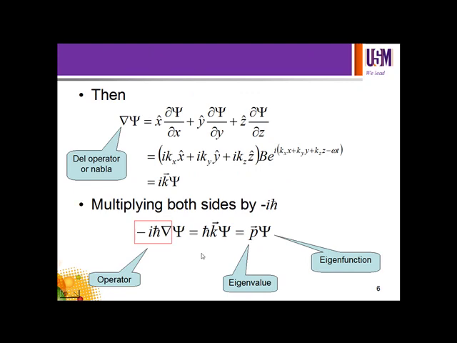Then we must also remember that there is an operator, del, sometimes we call it the del operator. The name for this inverted triangle is nabla. It is defined as x with the hat here, the unit vector, meaning it is showing direction with respect to the x-axis.